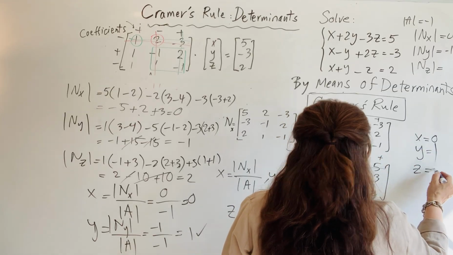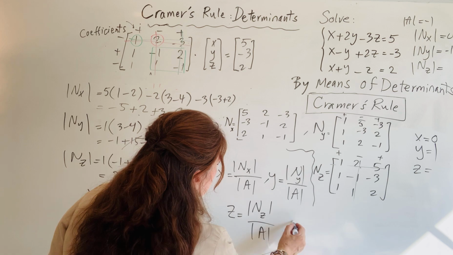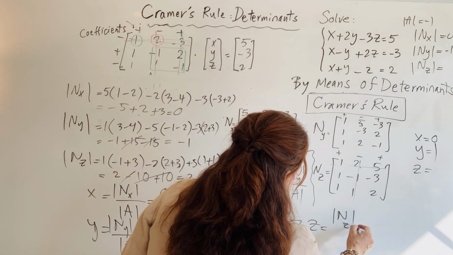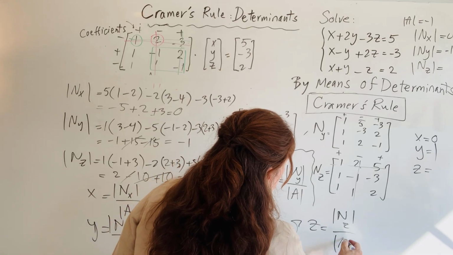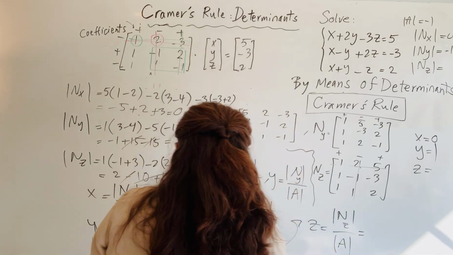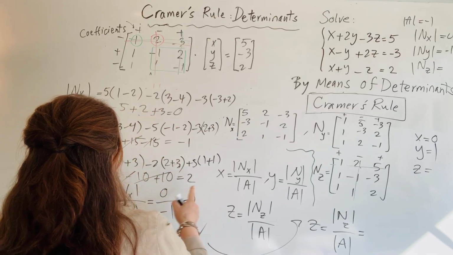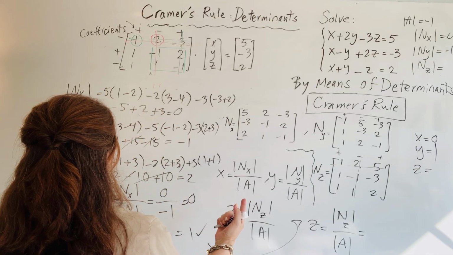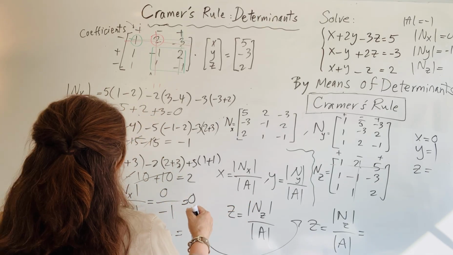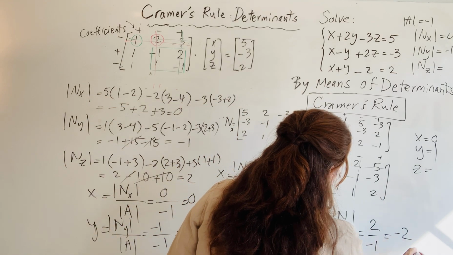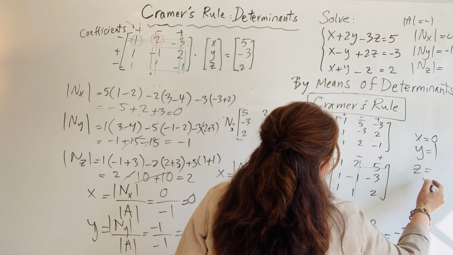How about Z? I can continue here. Z is the determinant of N of Z over the determinant of A. It gets 2. 2 over -1 gets -2.